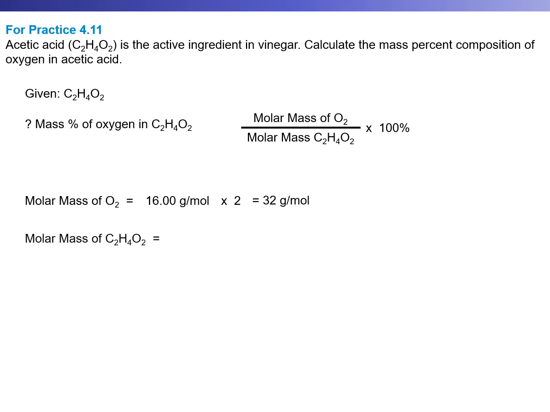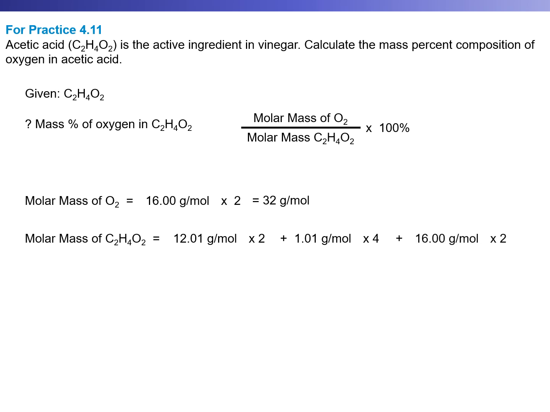The molar mass of acetic acid, well, we're going to take the molar mass of carbon, which is 12.01, and we're going to multiply that by 2 because we have 2 of them. We're going to take the molar mass of hydrogen, which is 1.01. I know I'm kind of rounding up here. And we've got 4 of those, so we're going to multiply this by 4. And then we're going to take our oxygen, which molar mass is 16 grams per mole, and we have 2 of those.